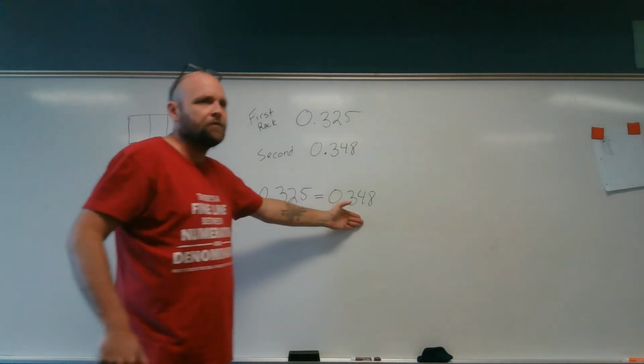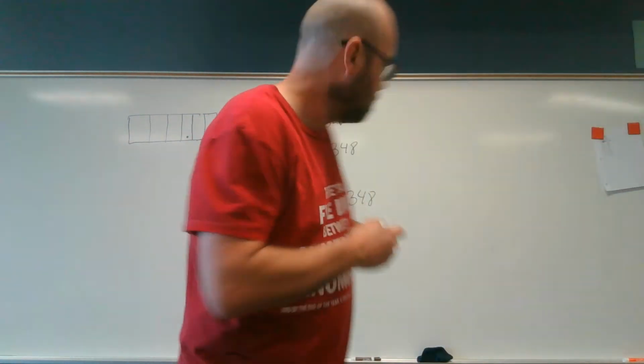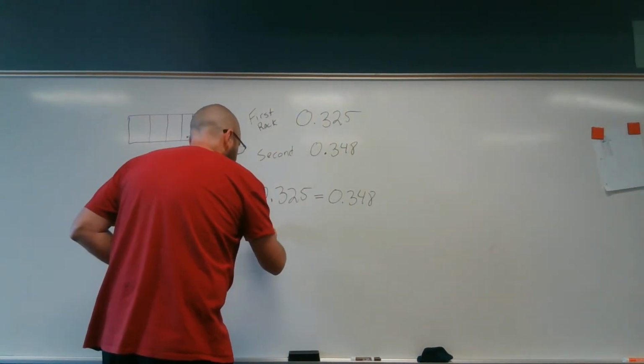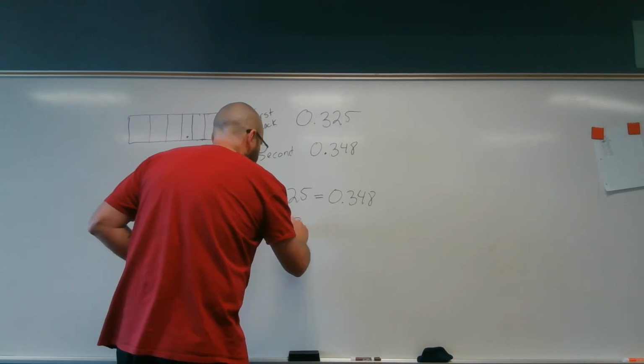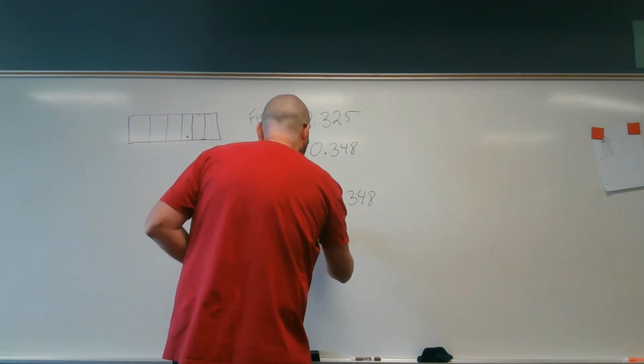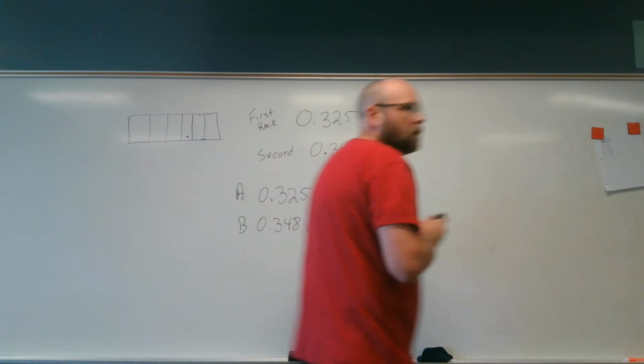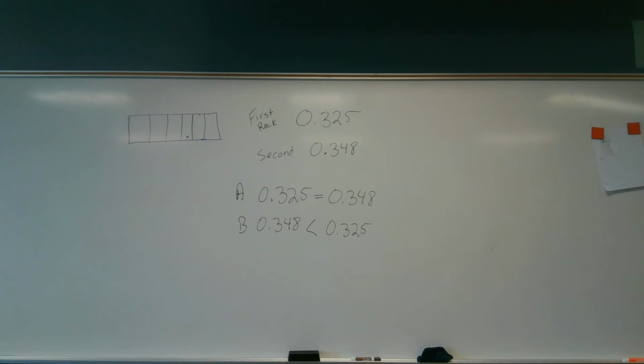They don't say the same thing, so it can't be A. B is less than. Oh, it says less. That's less and that's greater now. Okay, so B says 348 thousandths is less than 325 thousandths.